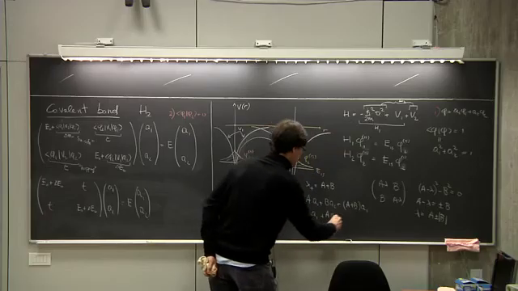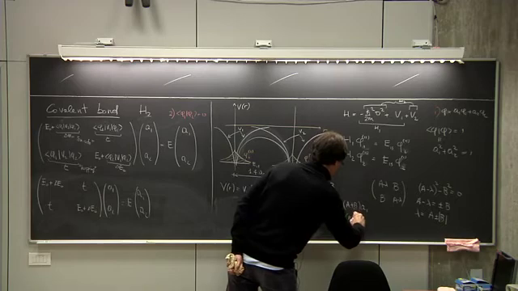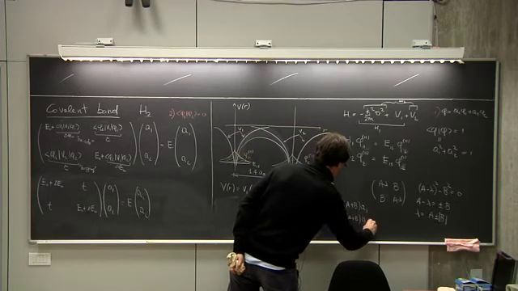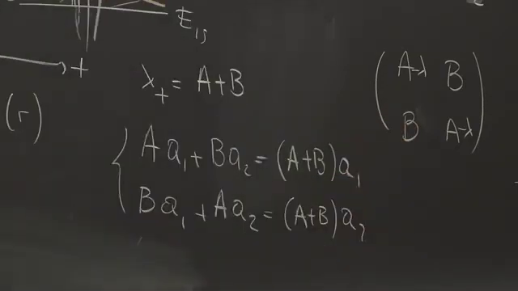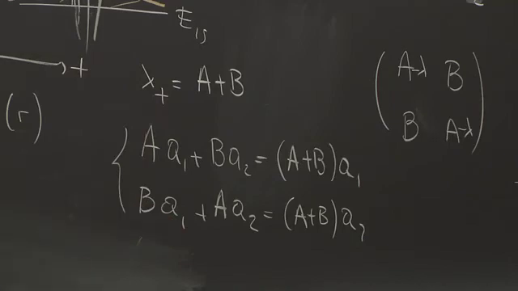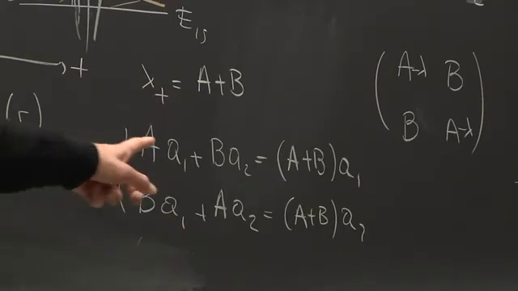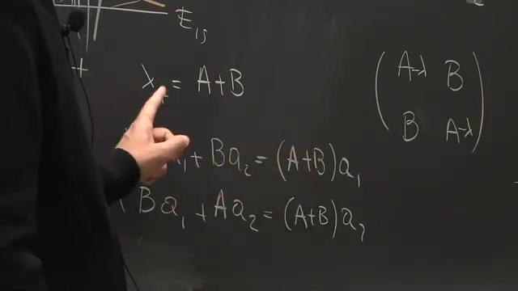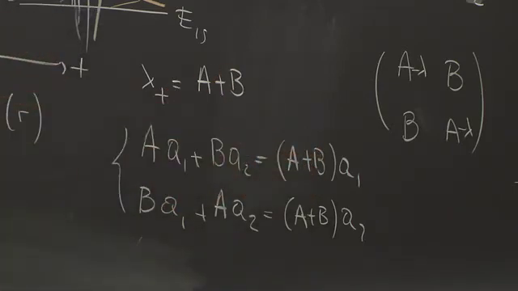And of course, B A1 plus A A2 is equal to A plus B A2. I'm just writing now the two linear equations, assuming that I'm looking for the eigenstates with eigenvalue A plus B. I know there are two solutions, so let me now find the values of A1 and A2 that correspond to the eigenvalue A plus B.